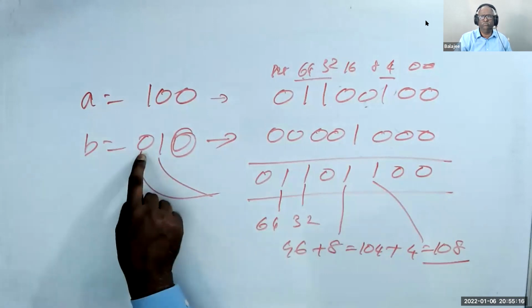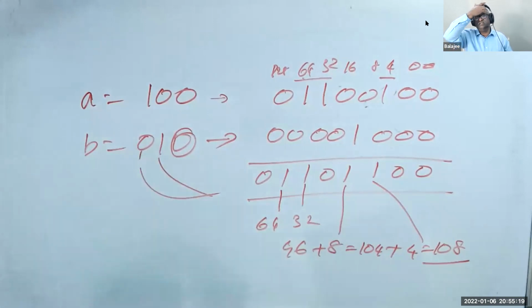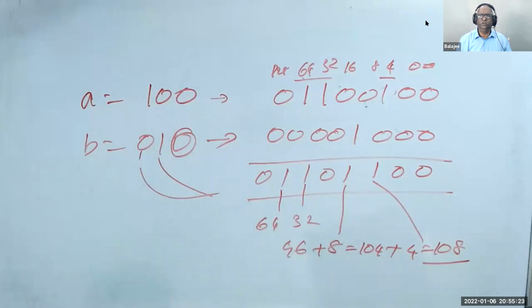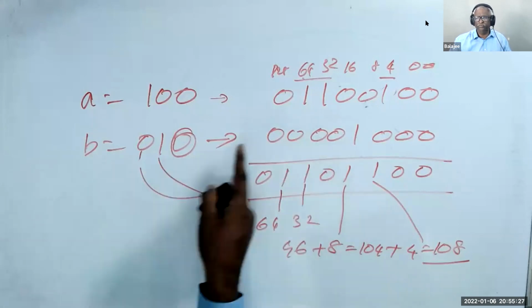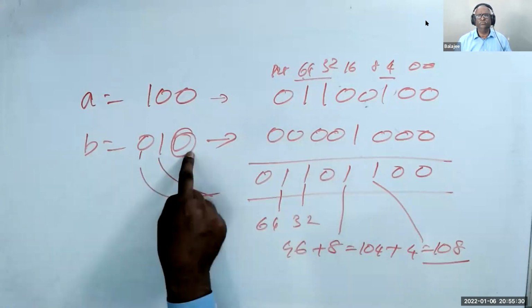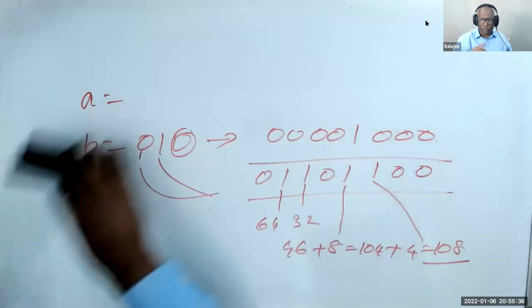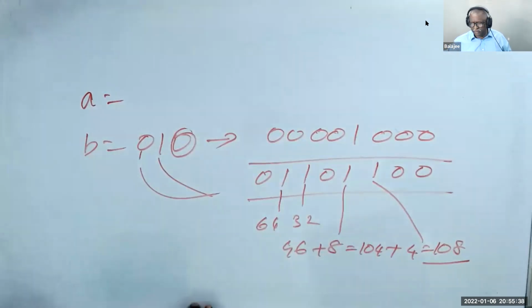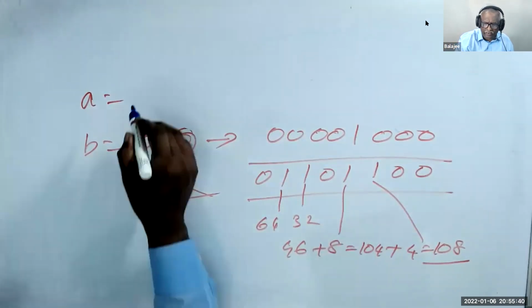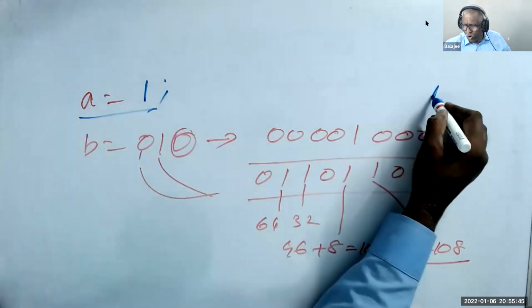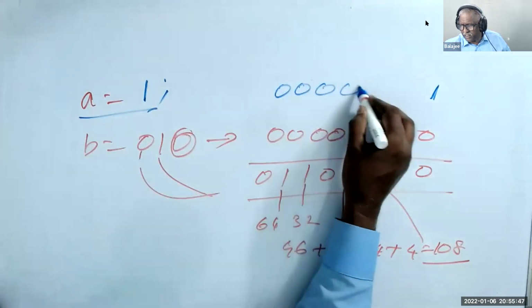Because you have 0 here, that's getting converted. Because it's only 2 bits, that's why they put 0, 0. Because you have 0, 1, 0. For example, if I say A is equal to 1, when I convert it to binary, I put 1 here, and the remaining 7 bits I make 0.